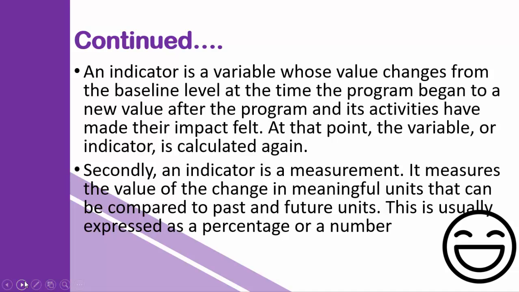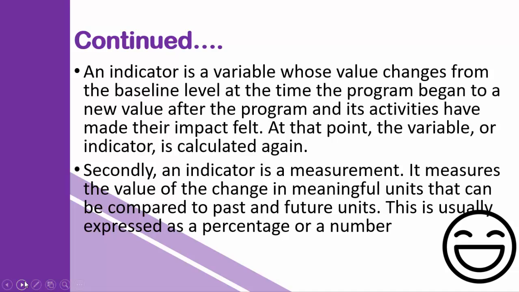Because this farmer at baseline, let's say his baseline income was $500, but after the 2 years, it falls to $200. The question is why? And when you establish the why question, then you'll be able to draw good conclusions.